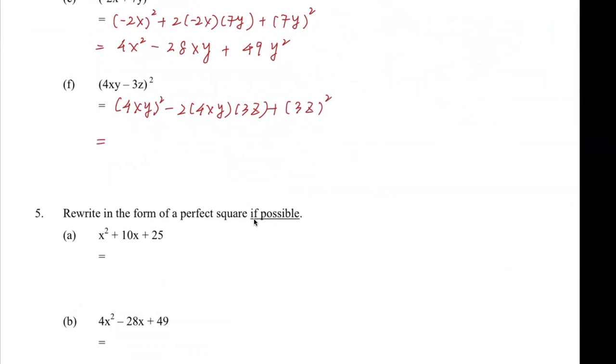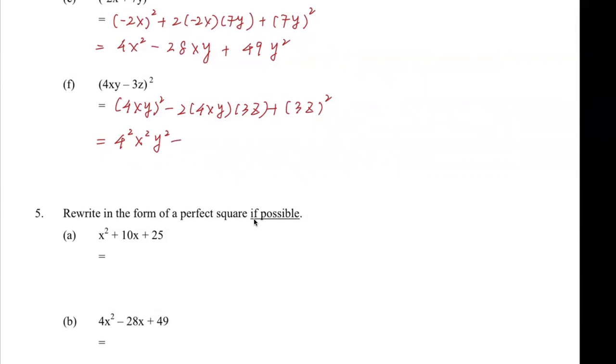So this is equal to (4xy)². Let me use this opportunity to show you this basic property of exponents again. So (4 times x times y)² is equal to 4² times x² times y².